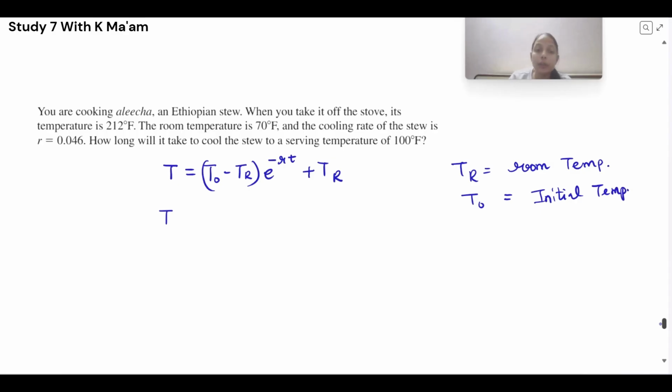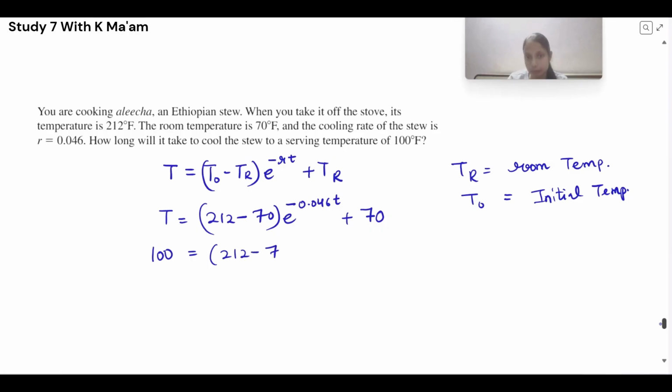To substitute, what are the things you have? 212, 70, e to the power negative r, where r is the rate of cooling, negative 0.046t. And this is 70. I have to check when the temperature becomes 100 degrees Fahrenheit. So the temperature is 100 and we are looking for the time.